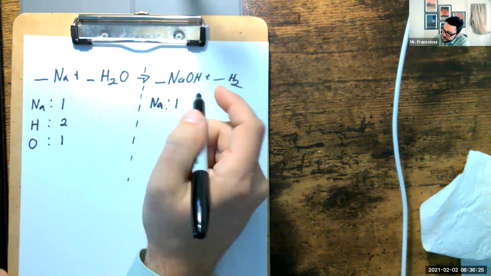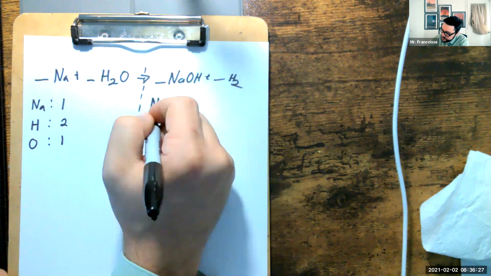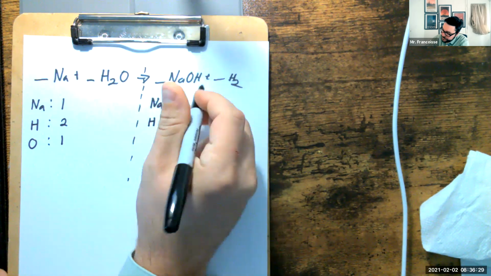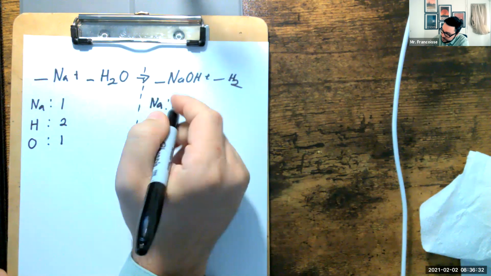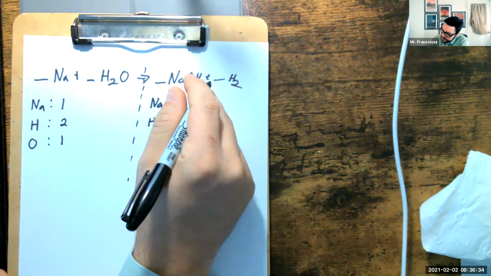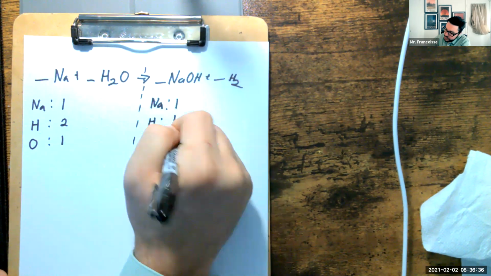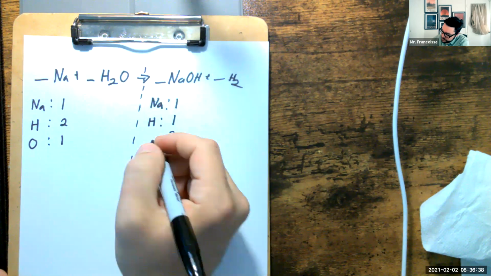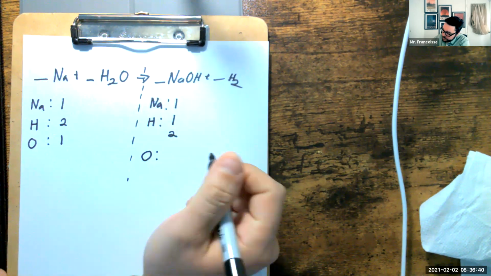For H, we have 2 different places. So for H, we have 1 here and we have 1 here. So you have 1 and 2. So it means we have a total of 3. And oxygen, we have 1 here.